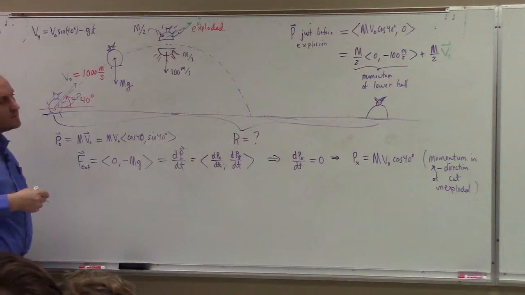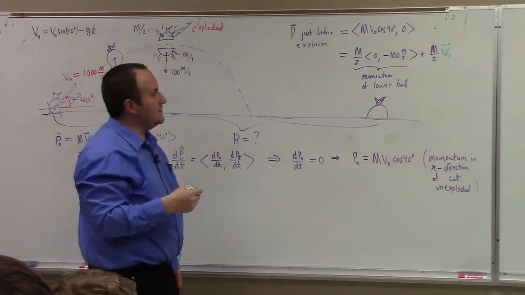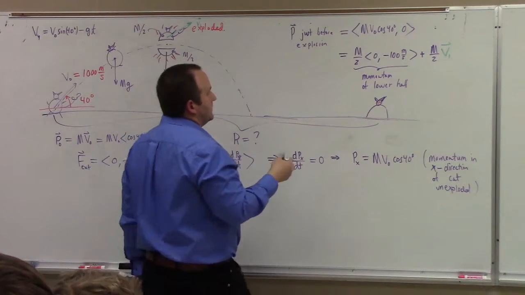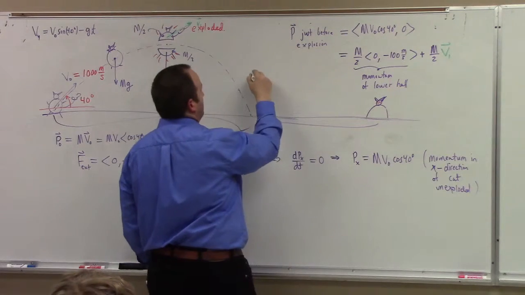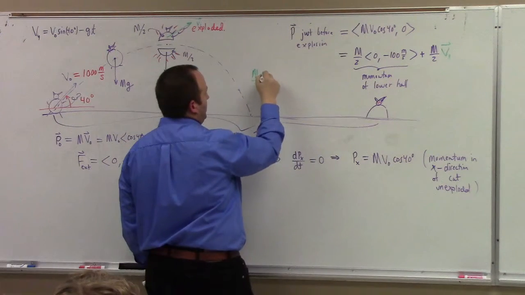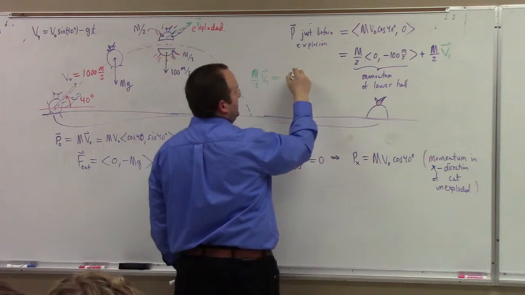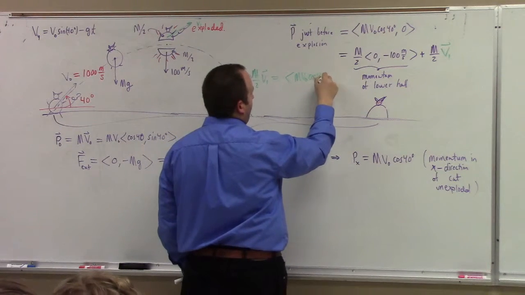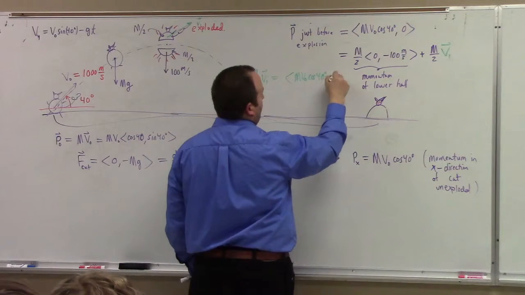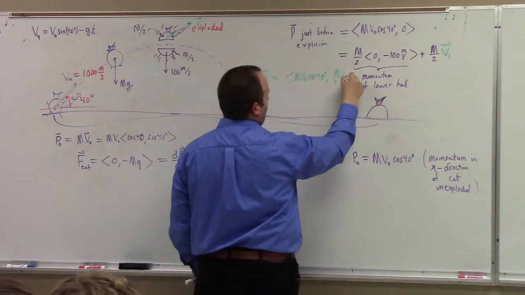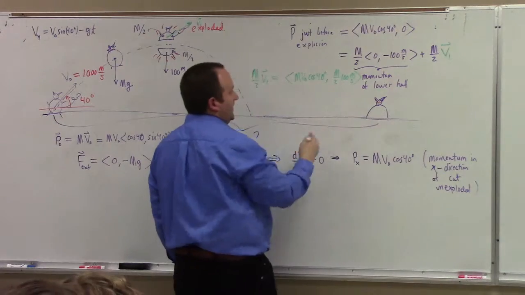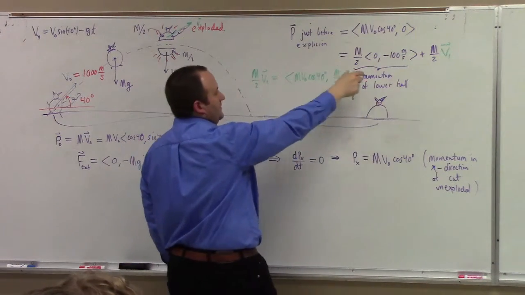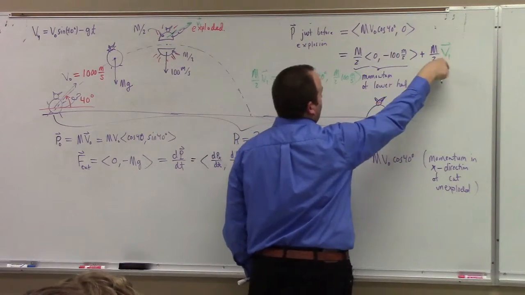So, what is V1? Well, you can solve it. m over 2 V1 is equal to m v naught cosine 40, and then m over 2 times 100. I just add this vector to the other side and that isolates this.